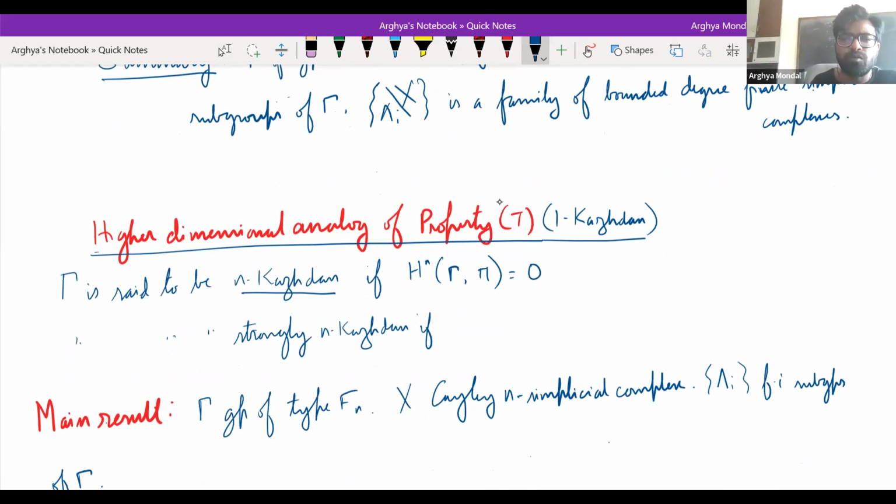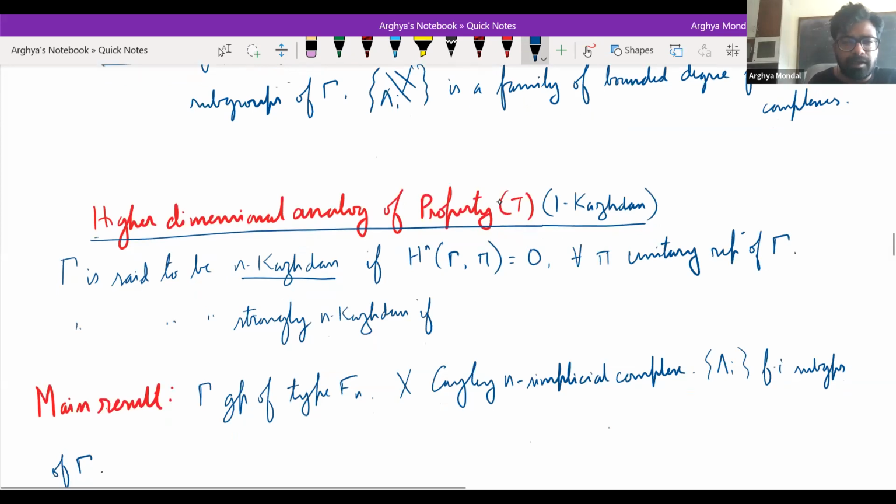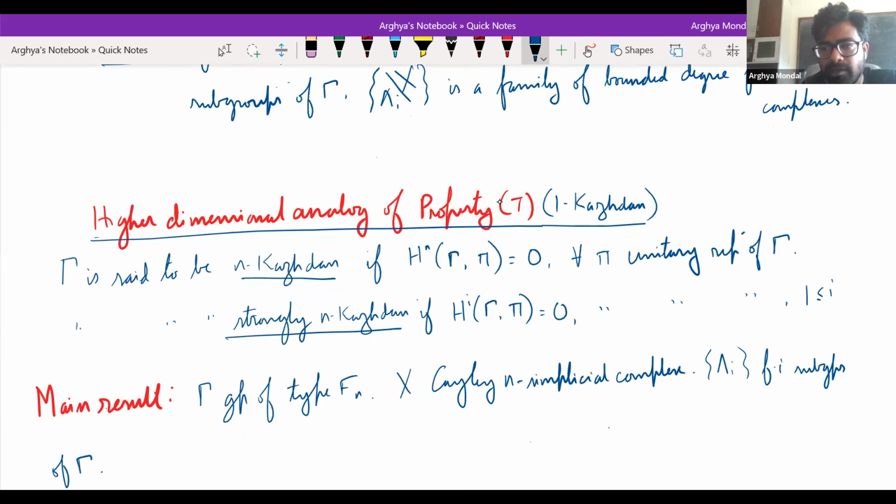That is the nth group homology of gamma with coefficients in any unitary representation, for all unitary representations pi. And gamma is said to be strongly n-Kazhdan if the cohomology with any unitary representation vanishes for all dimensions between 1 and n.